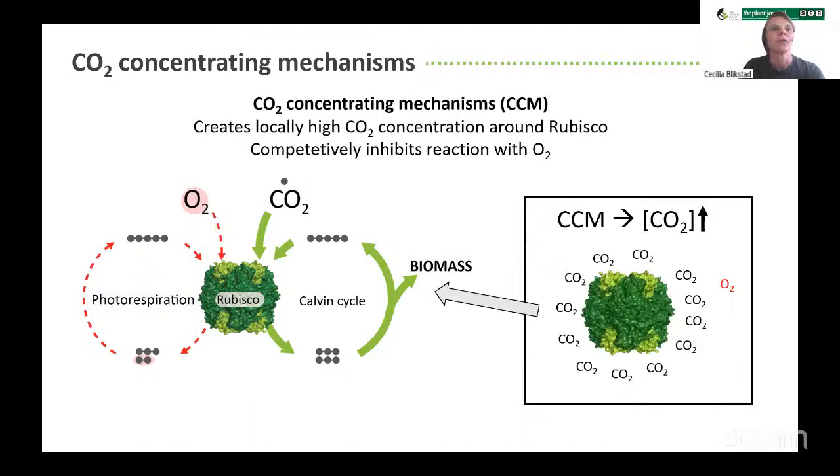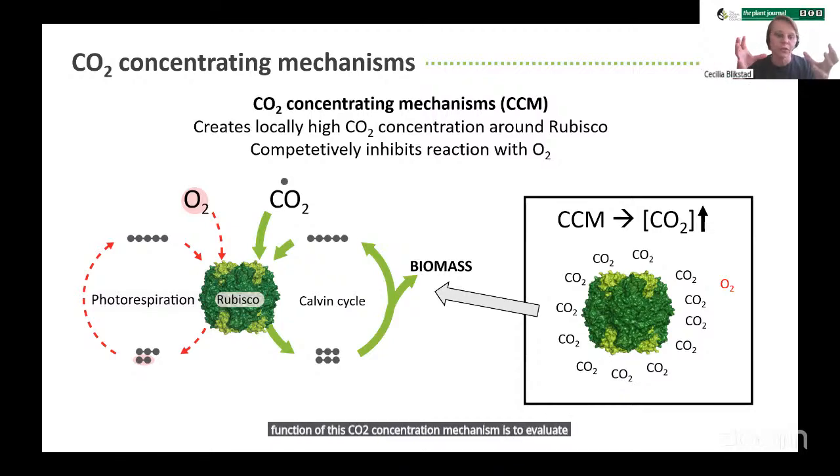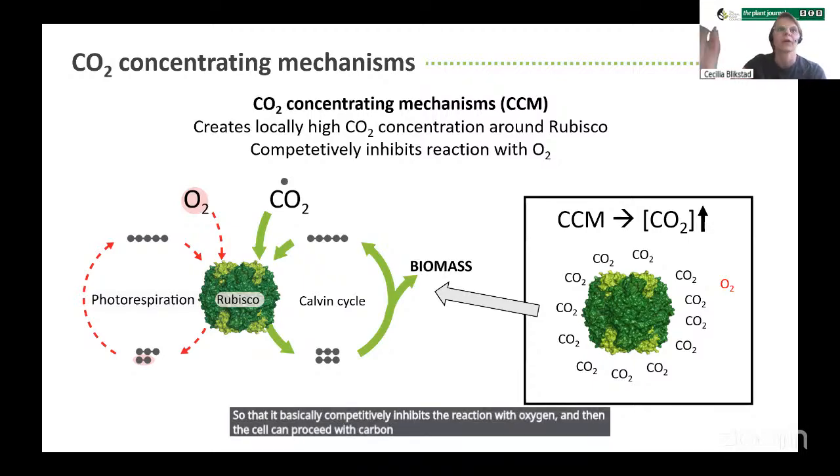The main function of this CO2 concentrating mechanism is to elevate the concentration of CO2 around Rubisco so that it competitively inhibits the reaction with oxygen, and then the cell can proceed with carbon fixation at a higher rate.